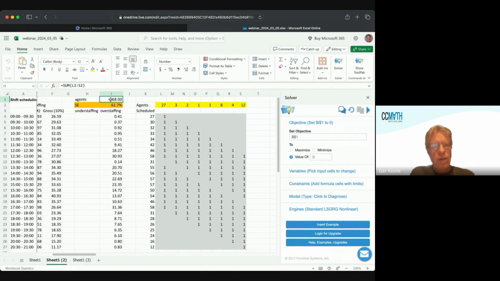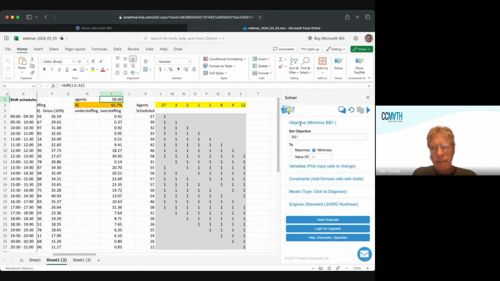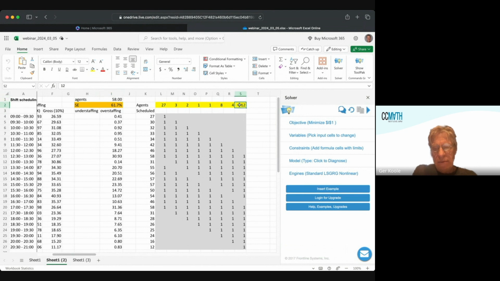On purpose, of course, I made this sum of agents here, which is simply, as you can see on the top, nothing else than the sum of what's here in yellow. Okay, we want to minimize that. By the way, you see here, actually, this is already the solution. So we're going to change that. Well, let's remove something, then we'll see what it does.